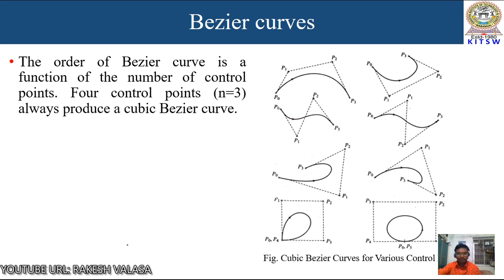The arrow on each curve shows its parametrization direction. You can see the first figure, here these are the two control points P1, P2. With the help of these two control points, it gives this shape. In the second figure, with the help of these two control points, it gives this shape. Similarly, with the help of these control points, the resulting curve will occur in the Bezier curves.